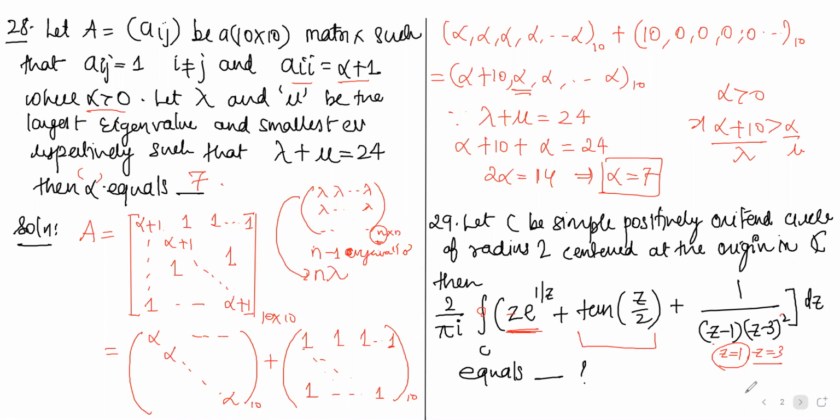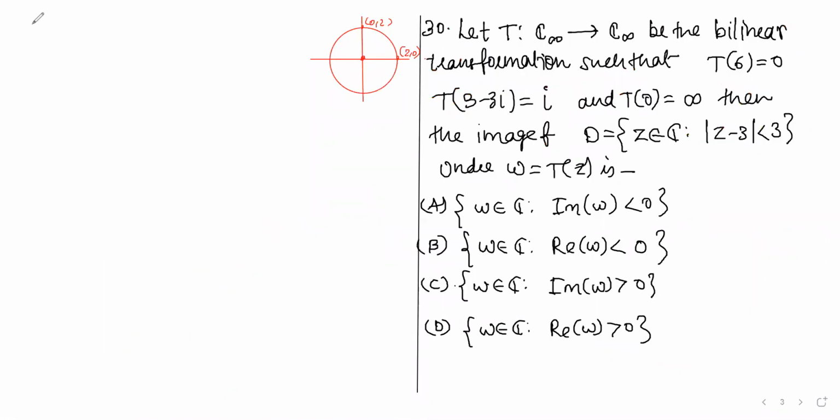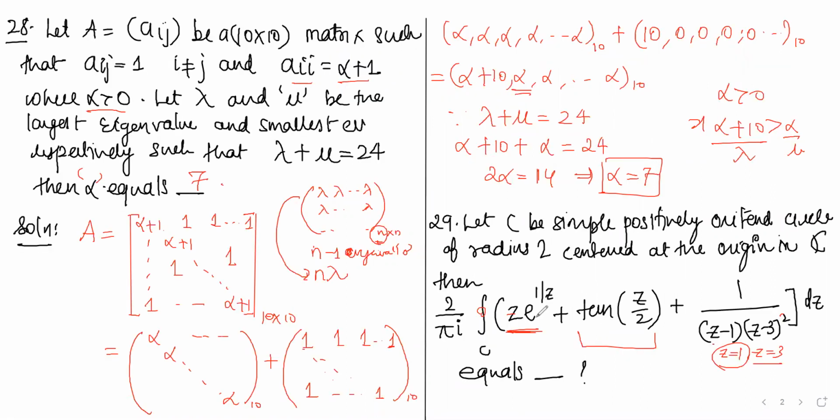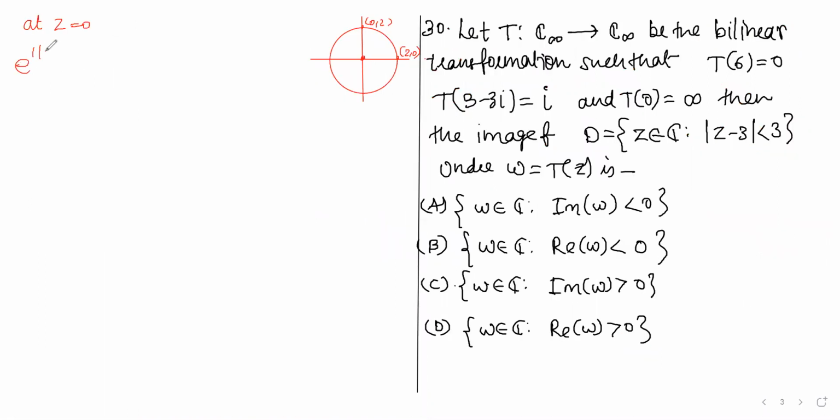So at z equal to 0, let me expand the Laurent series for this function. Actually, we don't need to expand Laurent, because we can get the same answer even with Taylor's. So let me consider e^(1/z).